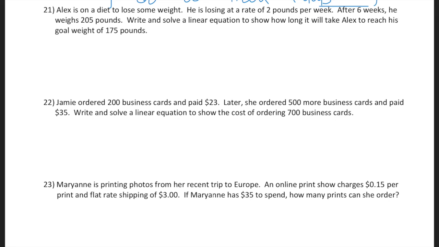But it doesn't really matter what happened before. What matters is what's happening now. He's starting at 205. He's losing, so minus 2 pounds per week. And I don't know how many weeks it's going to take. And I want to know 205 pounds minus 2 pounds per week will equal 175. So I need to know what this is, which is the number of weeks.